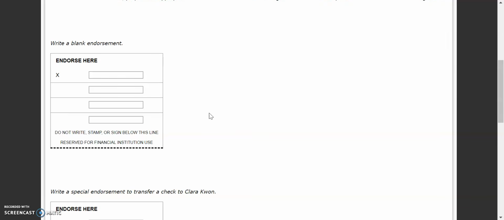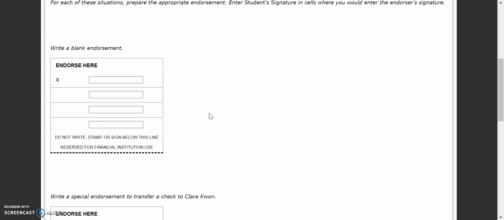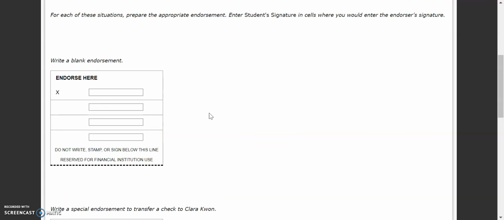So our first type of endorsement is a blank endorsement. If you remember, our blank endorsement is just confirming the person that is on the front of the check. So the correct answer here is to just put student's signature. Now, I don't know why Aplia has us do this, because technically you don't need to.